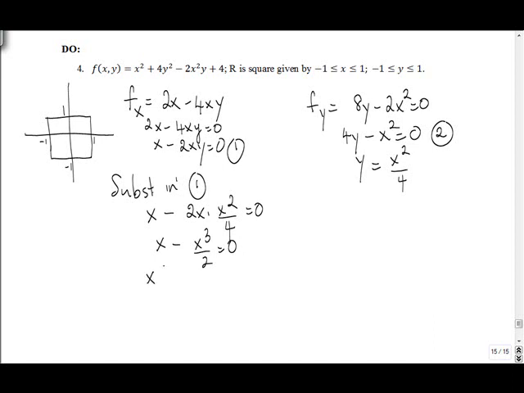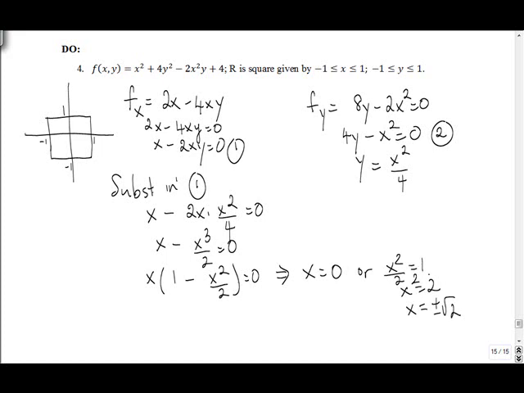Factor out x. 1 minus x squared over 2 is 0. So this implies that x is 0 or x squared over 2 is 1. x squared is 2. So x is plus or minus square root 2.